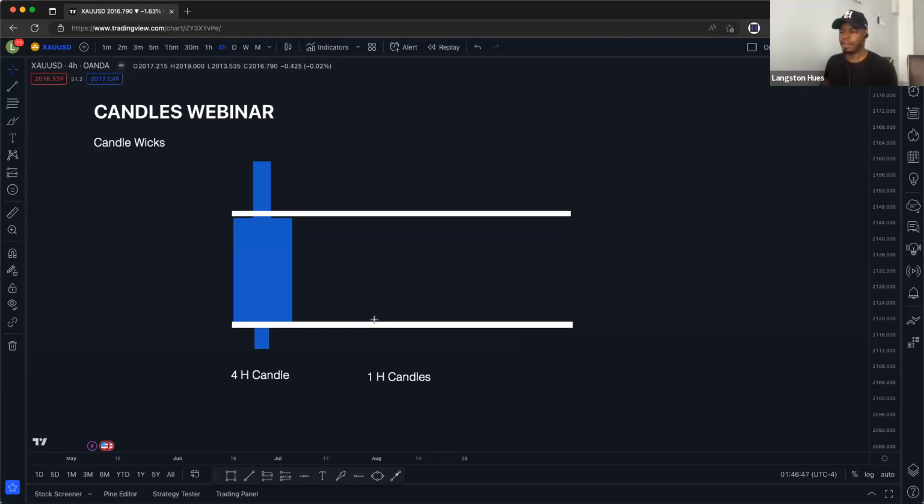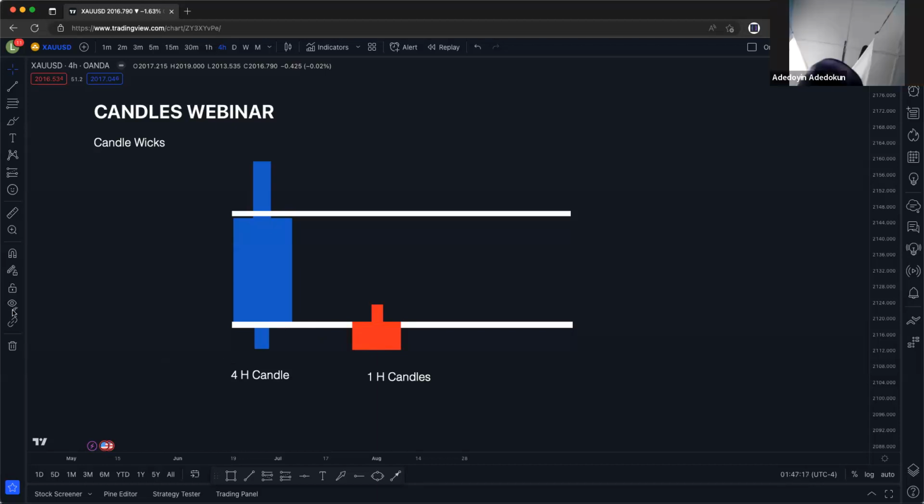Let's actually say, instead of price driving up, let's say the first 1-hour candle, maybe it drove down, right? And created this. It drove up a little bit first, but it drove down, right? And closed below this support.